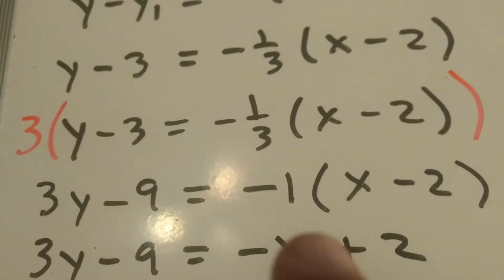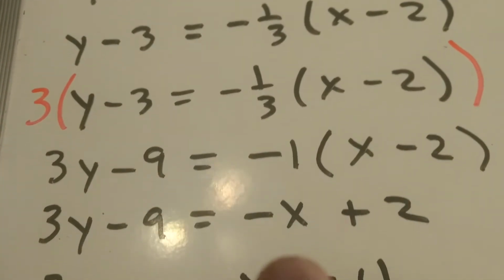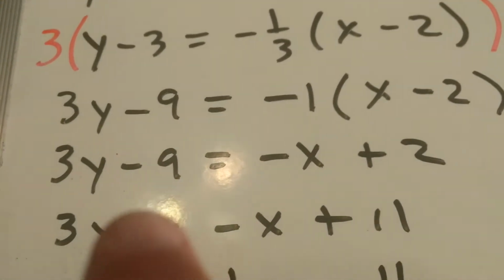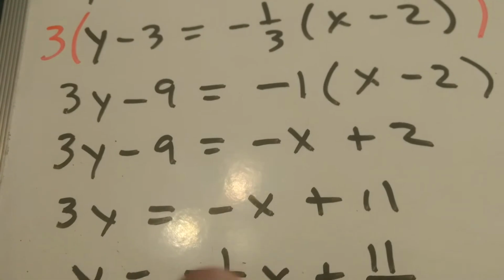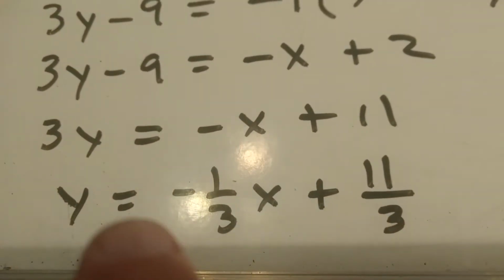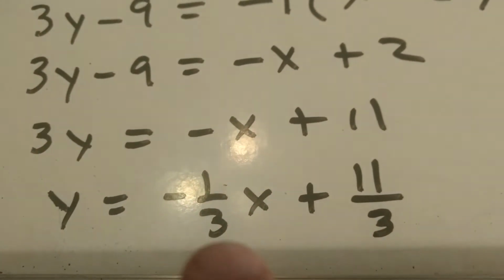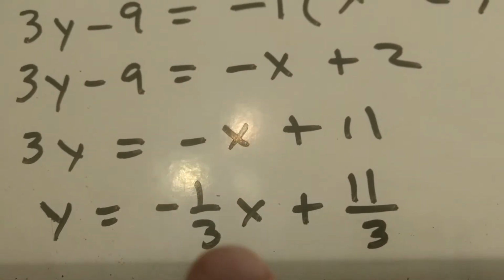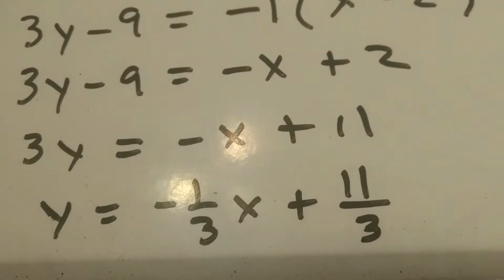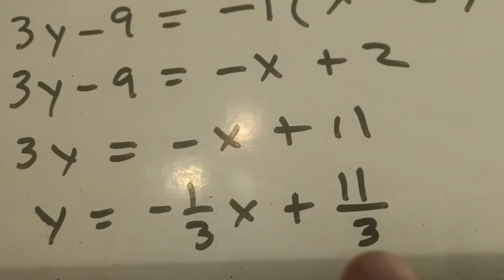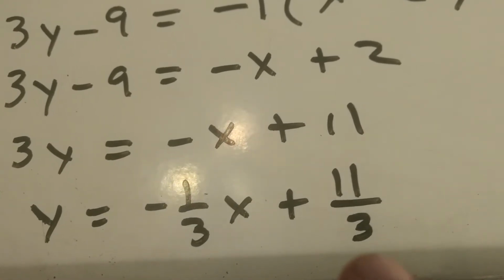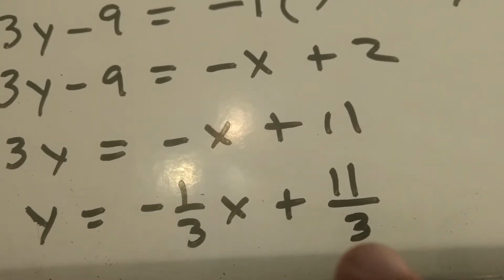Distribute the negative 1 to the x minus 2, I get negative x plus 2. I'm going to add the 9 over, divide by 3, and I get my equation of y equals negative 1/3 x plus 11/3. Negative 1/3 is my slope. 11/3 is my y-intercept.